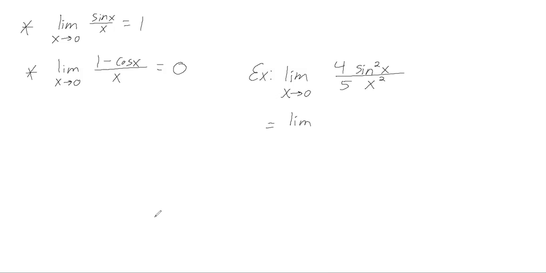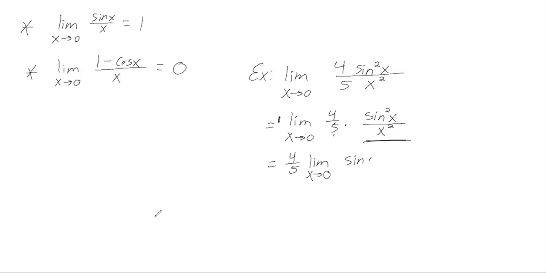I could say that's the limit as x approaches 0 of 4/5 times the sine of x squared over x squared, right? Remember, we could pull this constant being multiplied to the front of the limit. So I could say that's 4/5 times the limit as x approaches 0 of this stuff right here.